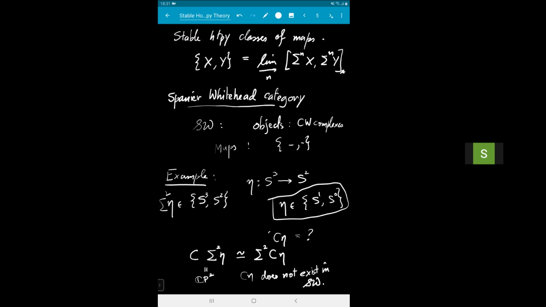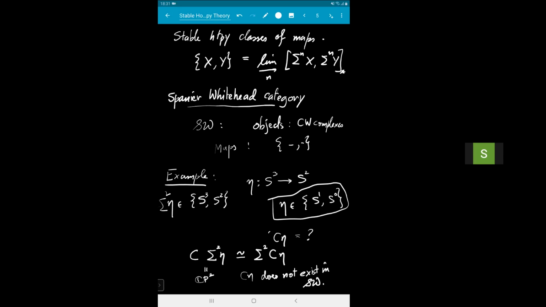If you view examples like this, you will see that whenever we hit a map between, say, two suspensions, which cannot be realized as a suspension, you will end up with something like this.